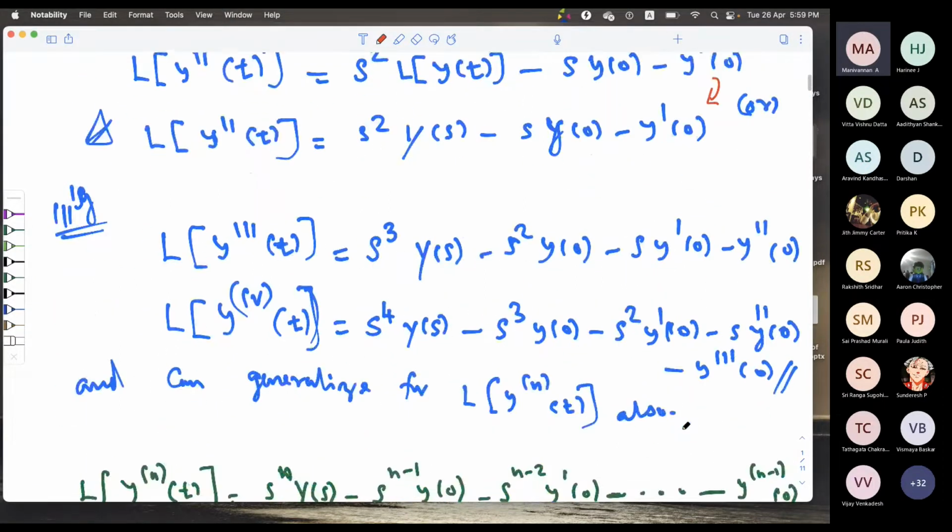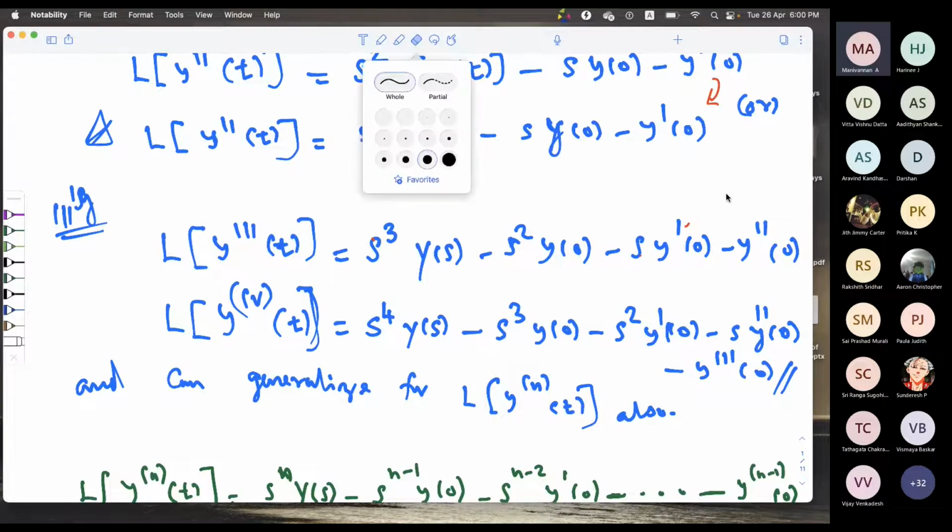If we extend up to the third derivative, it is s cube Y of s, then minus, as the order reduces, s square y of 0, and as the derivative order increases, y derivative of 0 and y double derivative of 0. For the fourth derivative, it is s to the power 4 Y of s minus s cube y of 0, minus s square y derivative of 0, minus s y double dash of 0, and then y triple derivative of 0.